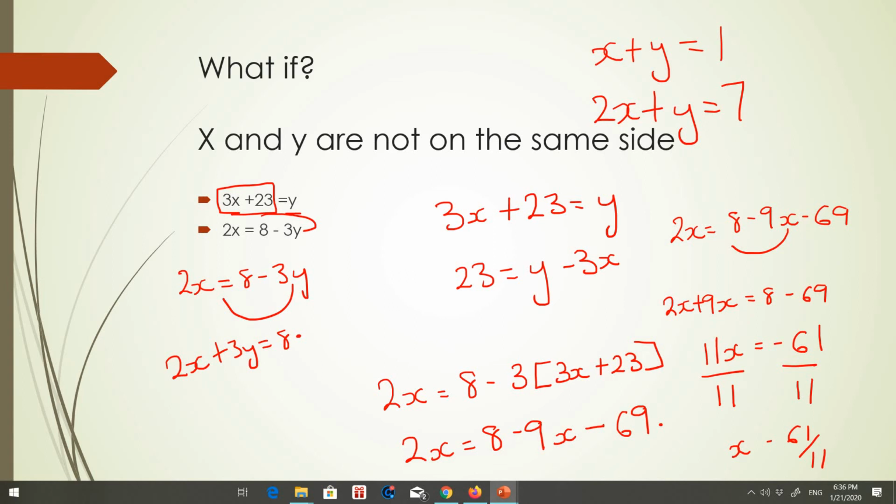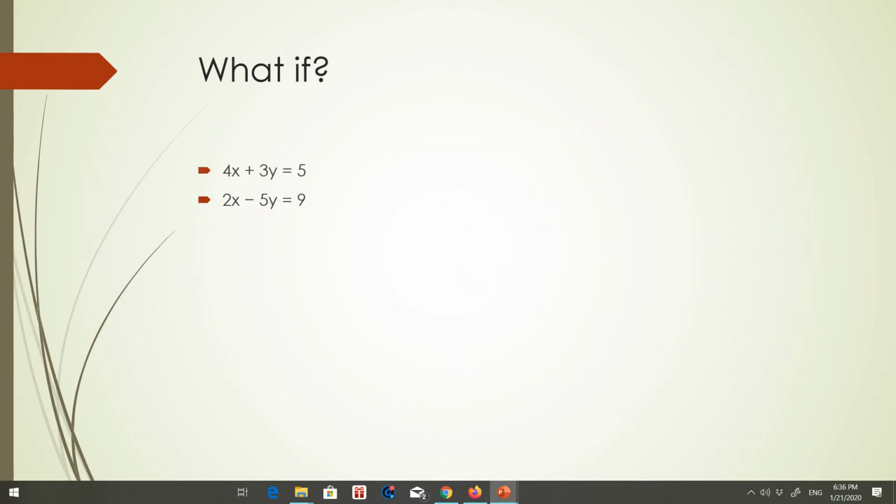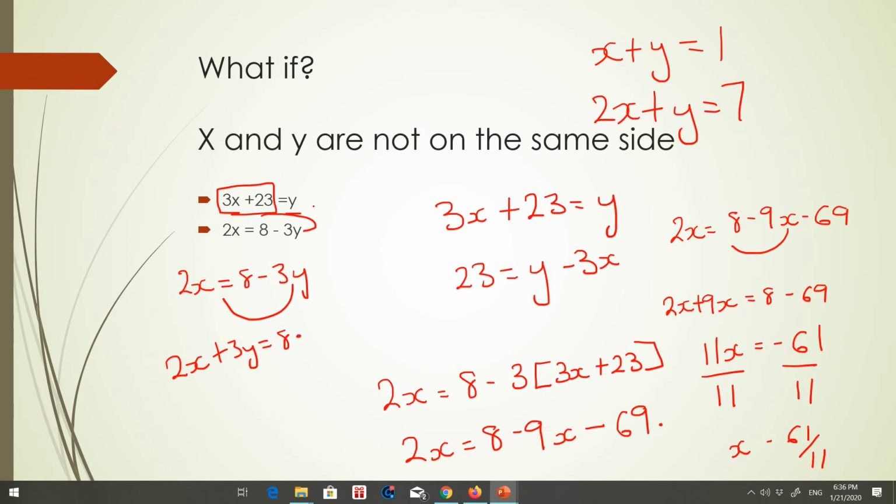So let's try and find the value of y. Okay, I didn't put a space there, so let's put it here. So we know that 3 times minus 61 over 11 plus 23 equals y.